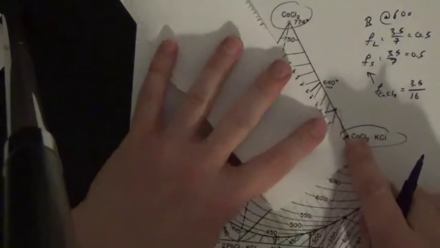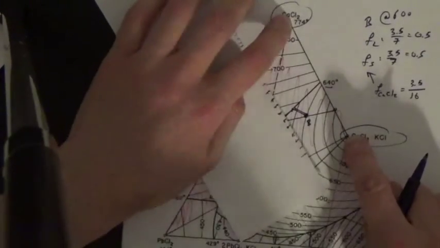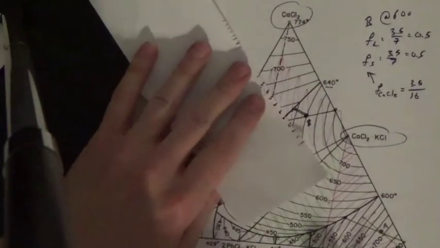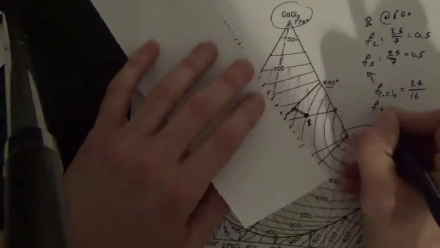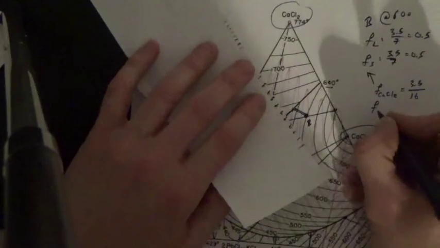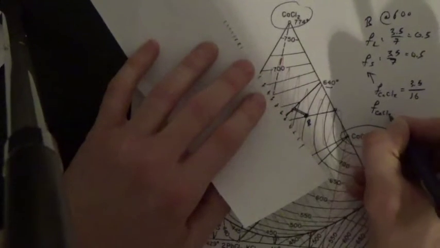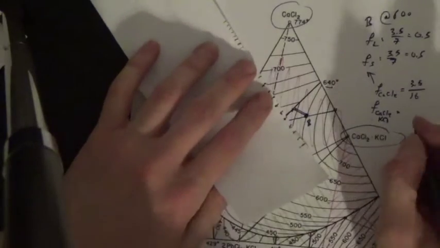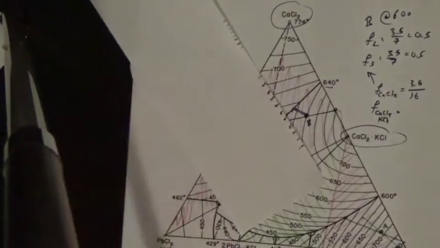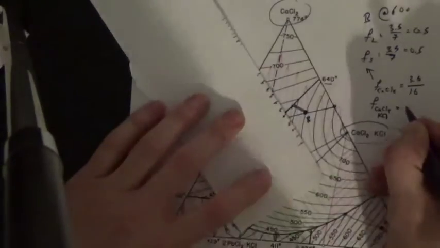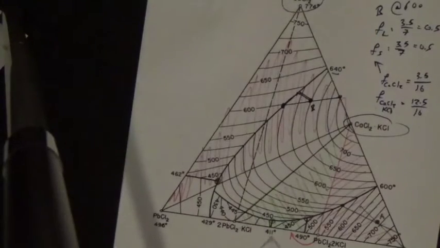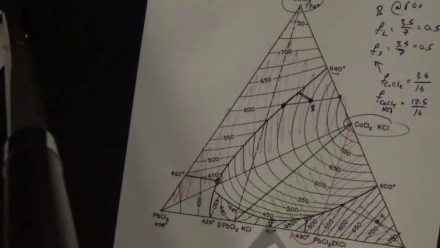Because we know that this distance from here to here is 16 from the previous part of the problem. And the fraction of CaCl2 KCl is going to be equal to 16 minus 12.5 divided by 16.